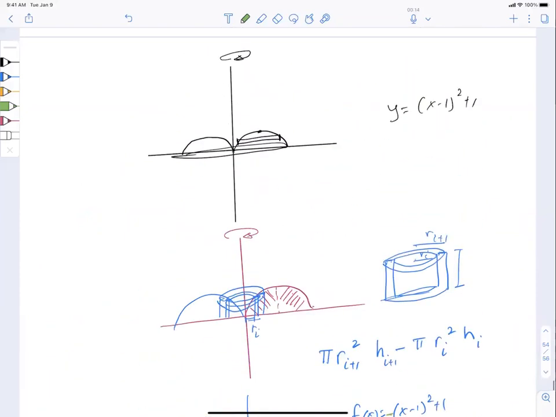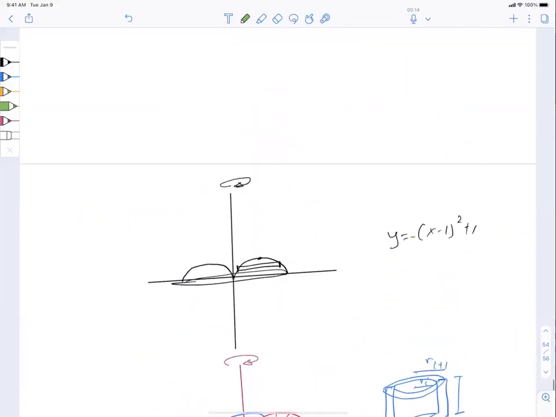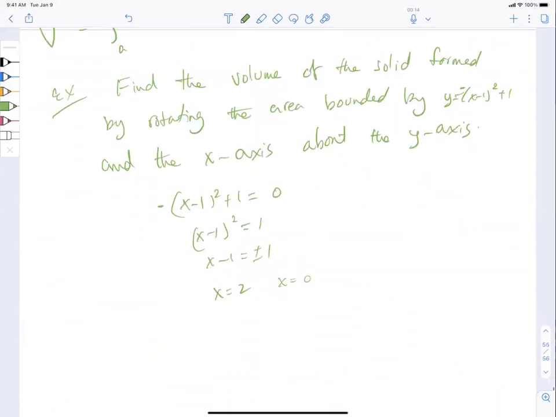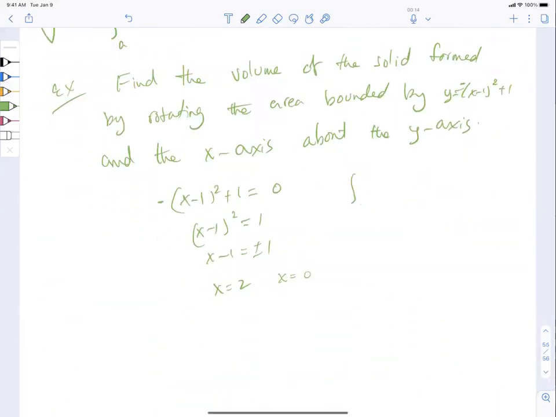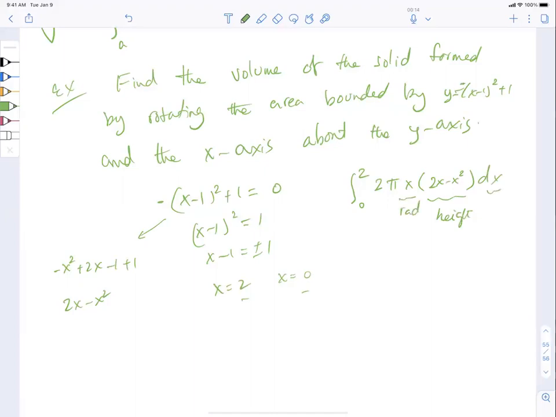Now, the integral is going to be from 0 to 2 of 2 pi x times f of x, which in this case is the function that we have. You can actually expand this if you want. You get negative x squared plus 2x minus 1 plus 1, which is just 2x minus x squared. Again, this is height, this is radius, and this is the thickness.